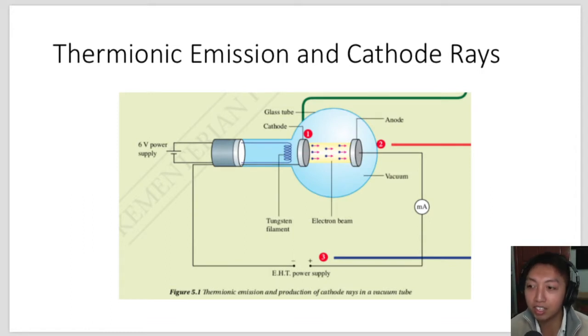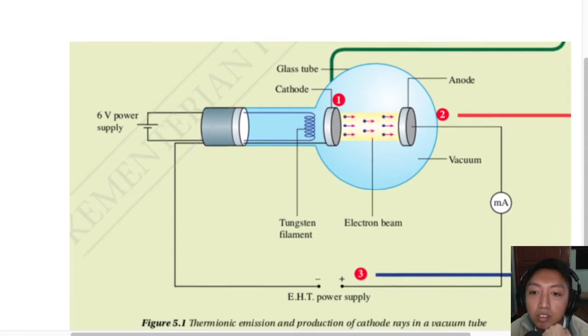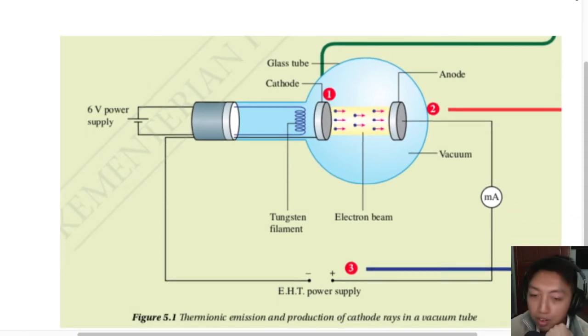I know this picture may not mean much to you, but let's take a look at what we have here. Actually, I'm going to draw a diagram because the way the picture is drawn in the textbook, it's a little bit hard to see everything because there are some extra lines. This green, red, and blue lines are not actually part of the circuit.